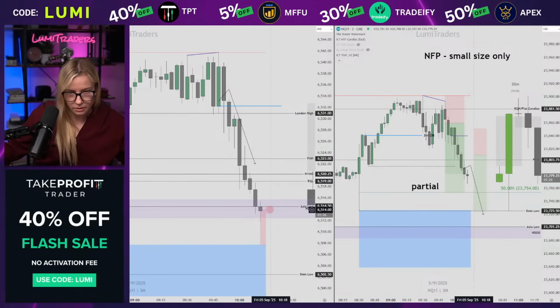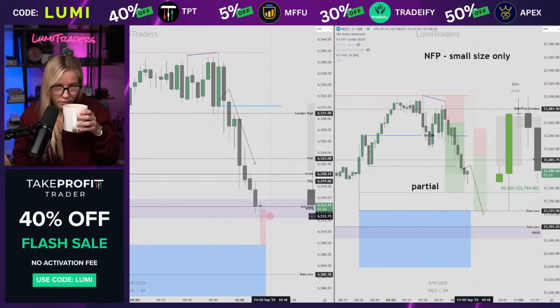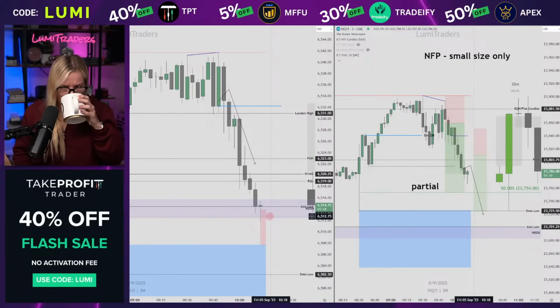A bit of struggling at this new day opening gap, but it's okay. Still kind of a bit more bearish.